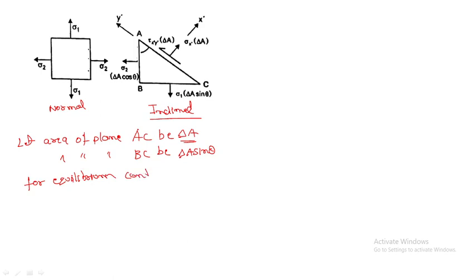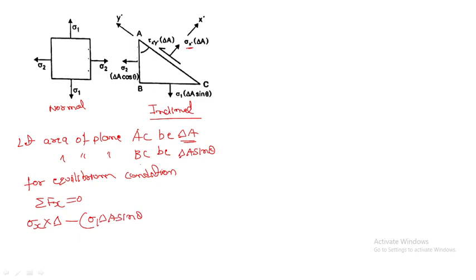Equilibrium condition: the summation of the horizontal forces should be 0, right? So how can we write that one? Normal stress x into delta, you can see this one, minus stress 1 delta A sin theta.